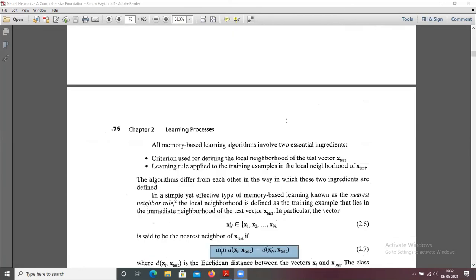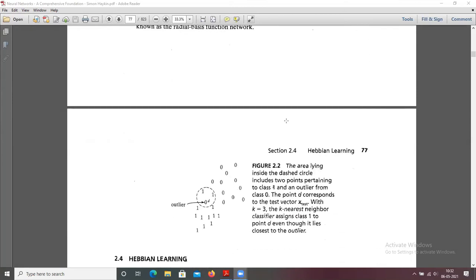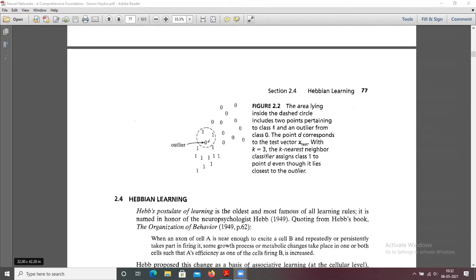These are all the zeros and here all the ones. If a 0 is placed here, the input will be closest to the 0, so we think it belongs to 0, but actually it is 1. So here we check the distance between all the neighbors. This is about memory based learning.